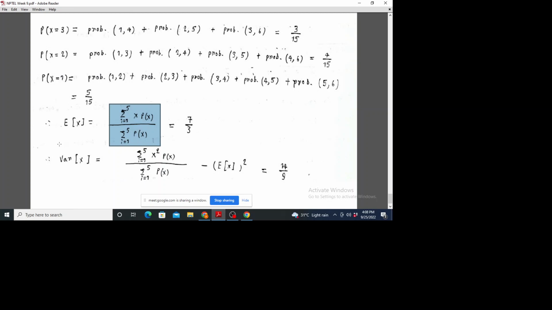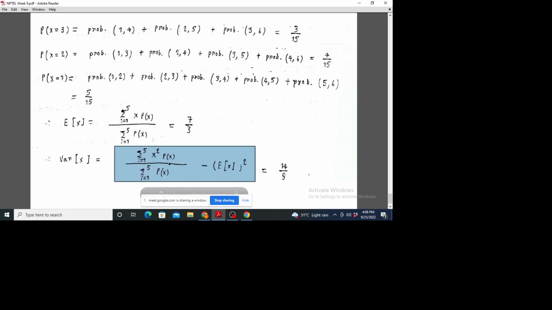And what is variance? Variance is defined by this: the expectation value of x square minus the square of the mean. You can easily find the expectation value of x square, and then subtract the square of the mean that we have just derived. Do that and you will get the answer as 14 by 9.